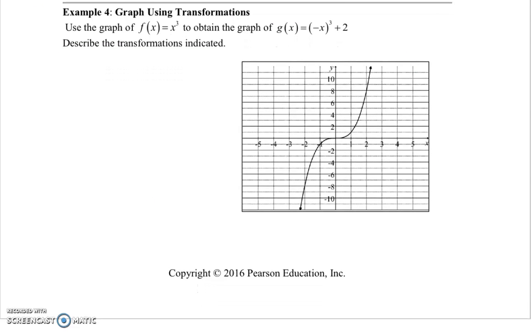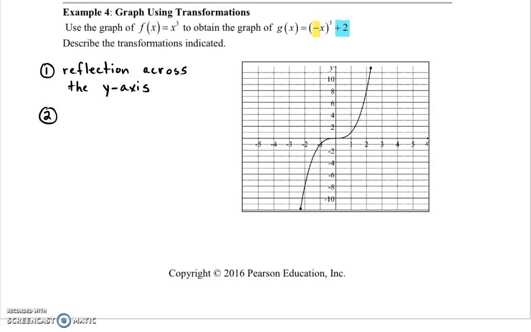So this time our transformations are a negative inside the function and a +2 outside. So our first one is a reflection across the y-axis this time.